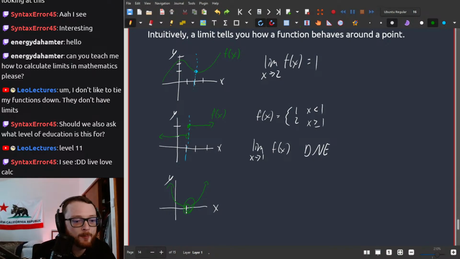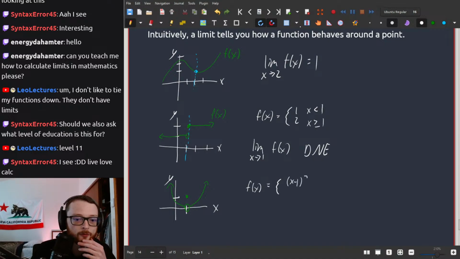And right at this little gap, I'm gonna manually define it to be 1. So if I were to write out the definition for this function, it would be x minus 1 squared if x is not 1, and it will be 1 if x equals 1.